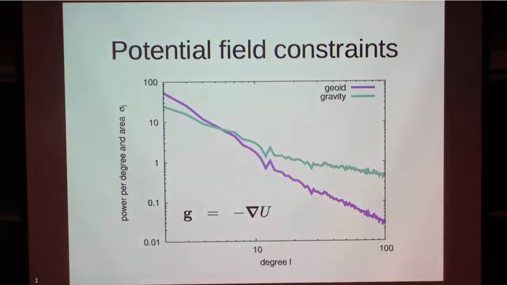Some people like to look at gravity because, as we'll see later, there's a different depth sensitivity, and you weigh the long versus the short wavelengths differently, but it's the same thing. Some people also love to compute gradients of gravity, which is very helpful to bring out details, but keep in mind that what the satellites are measuring is one thing, which is the geoid. These are also called potential field constraints, geopotential field constraints, really the same thing.